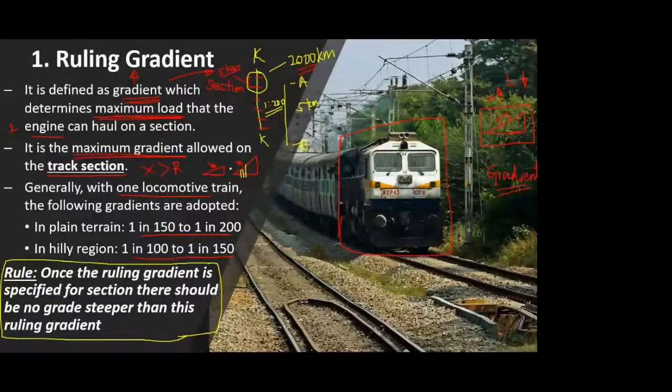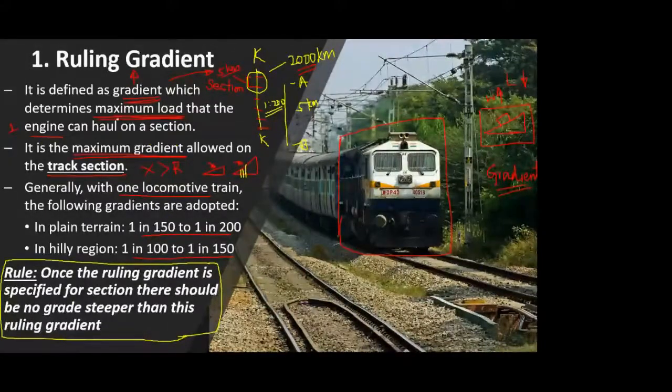You need to assimilate the thought of what a ruling gradient is, how it is related to maximum load, what is the concept of a section, and then what can be the other gradients which will violate the rule of this ruling gradient. So on that note, I'll just stop here.